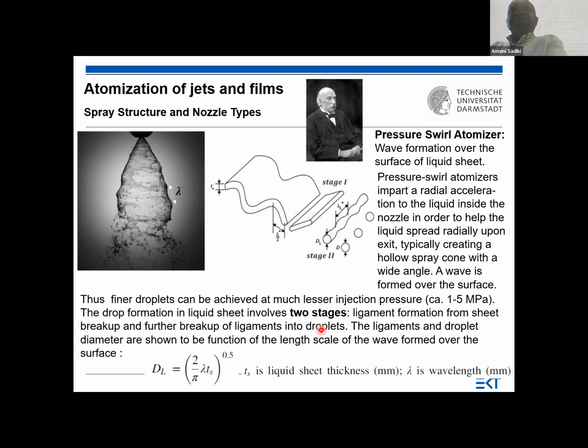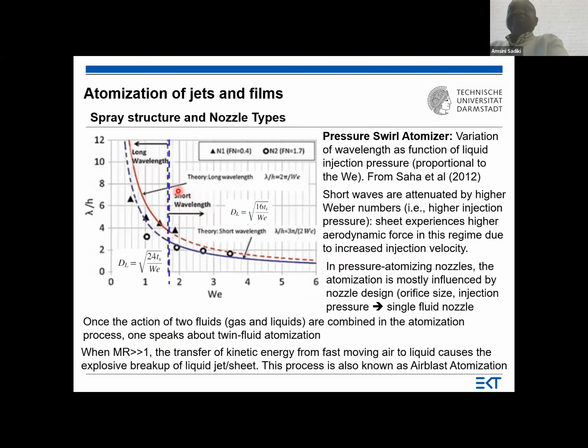The ligament and droplet diameters are shown to be a function of the length scale of the waveform of the surface in this way. DL is the diameter of the ligament, and D is the diameter of the droplets. We will see how we can also get this D. This is the expression, where we have the liquid sheet thickness and the wavelength.